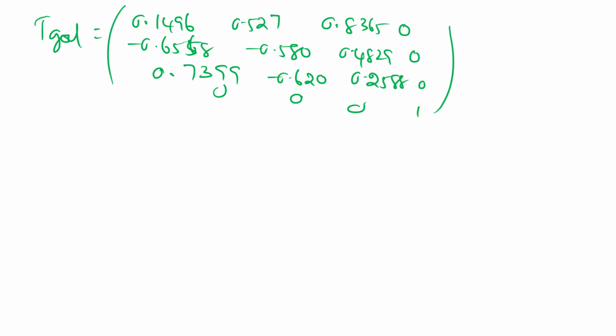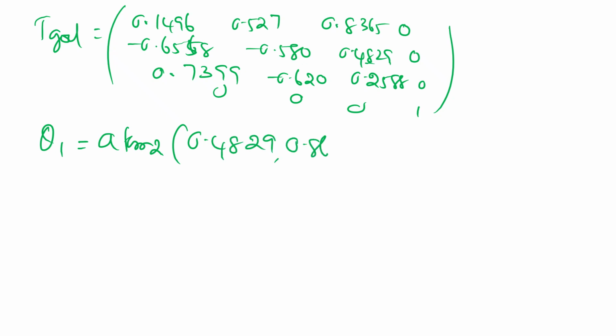Let me take the formula. What is the formula for theta 1? We have already given it: arc tan 2 of, for theta 1, we take these values: minus 0.4829, comma, 0.8365. Use the calculator, take tan inverse of this by this, and you will get theta 1 as 30 degrees.